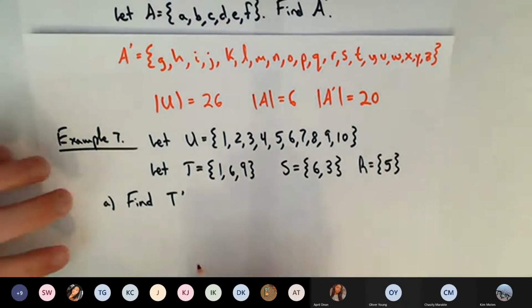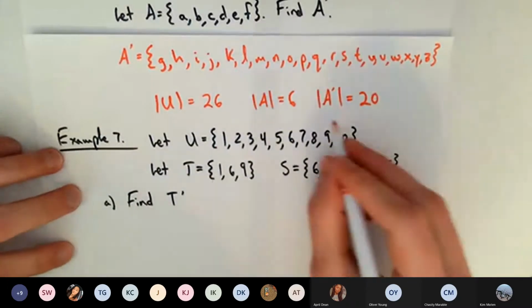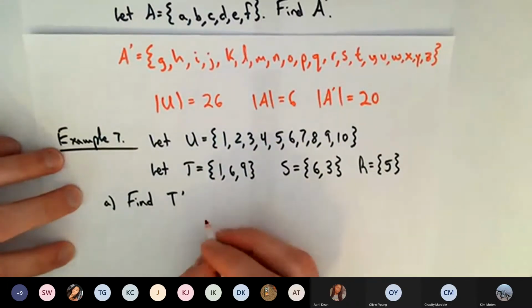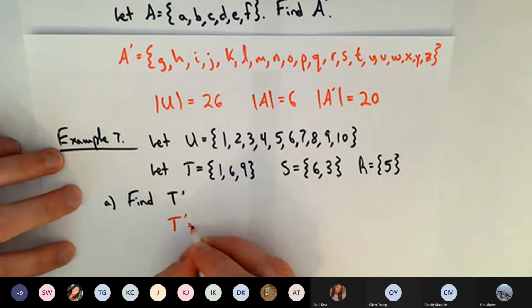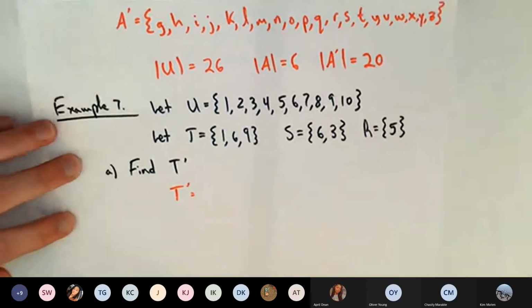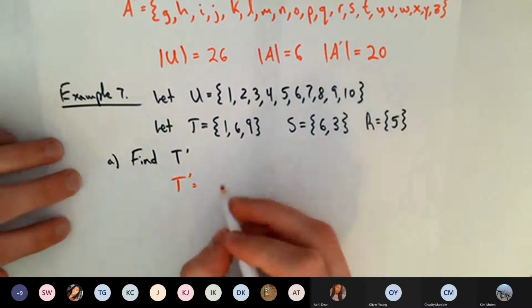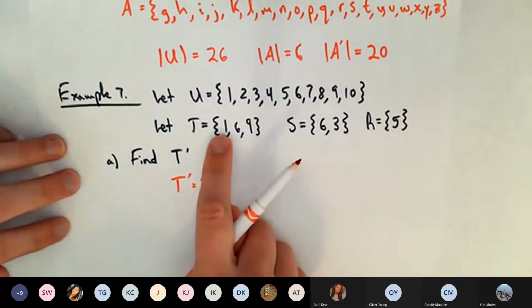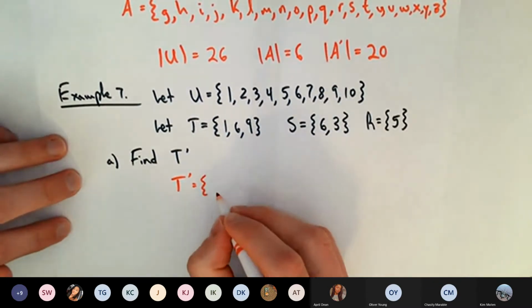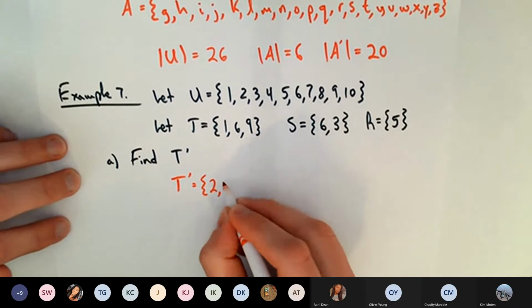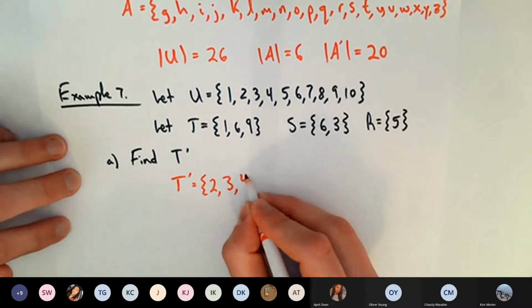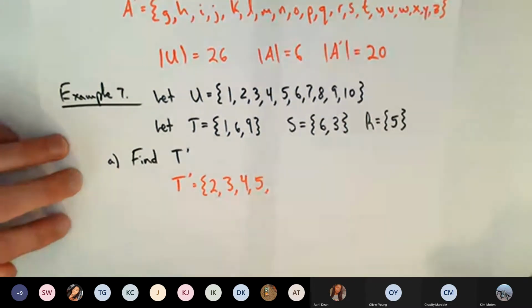Okay, so we're looking for all the elements that are in the universal set, which is 1 through 10, that are not in T. So the first number is not going to be a 1, right? It's going to be a 2 because 1 is in T, so I don't want to include that. Also, 3 will be in there, 4 and 5, but not 6, right?